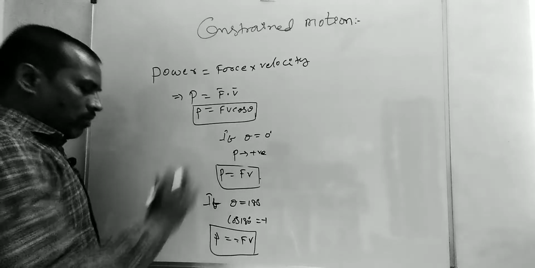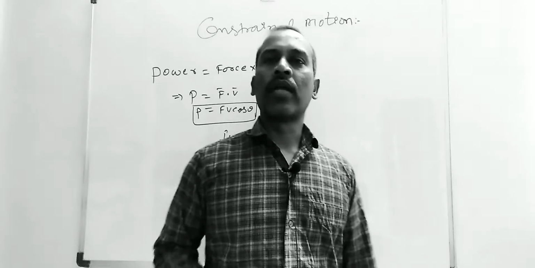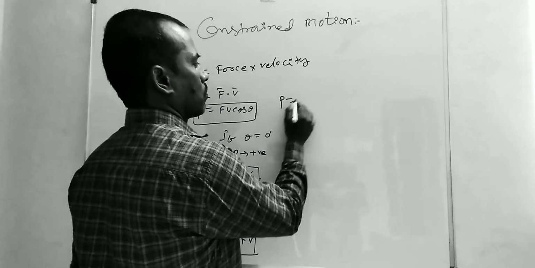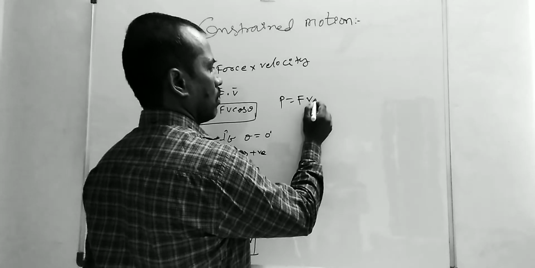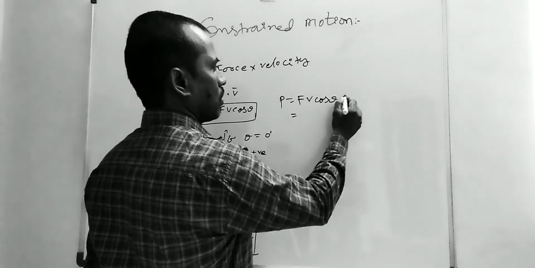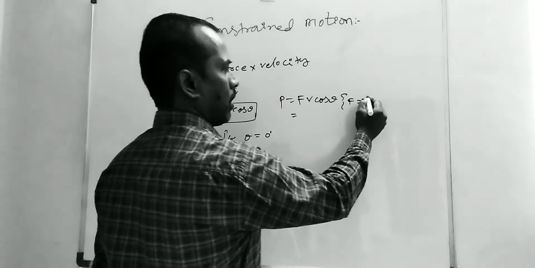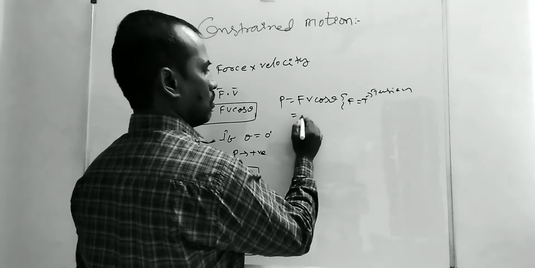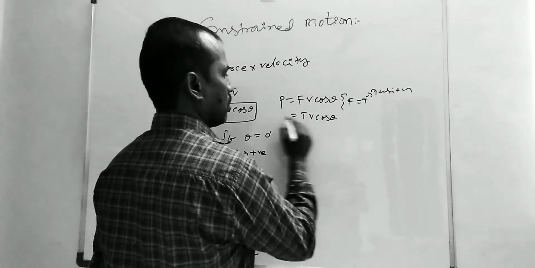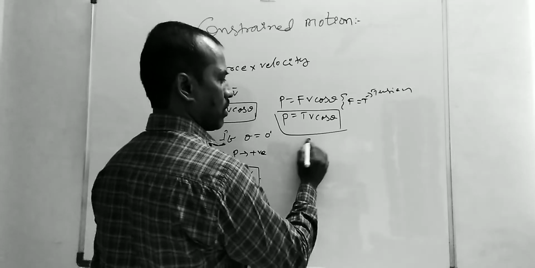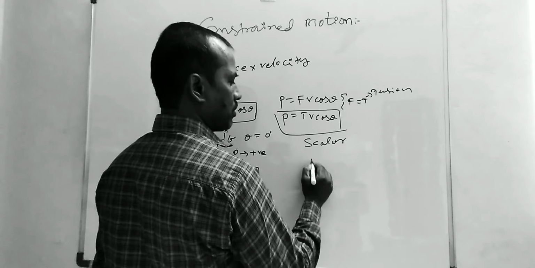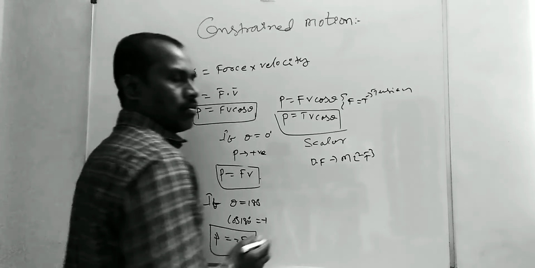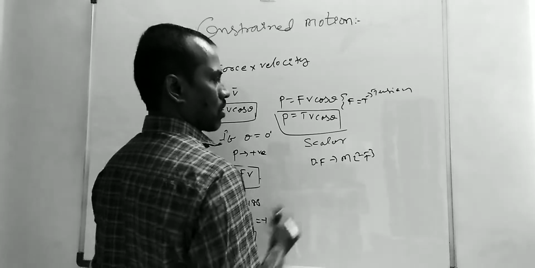Here we will discuss constraint motion. The force is nothing but the tension in the string, so the power formula P = F V cos theta, with F = T, the tension force in the string, becomes T V cos theta. This is the power, a scalar. The dimension formula is M L squared T to the power minus 3. It is a scalar quantity.